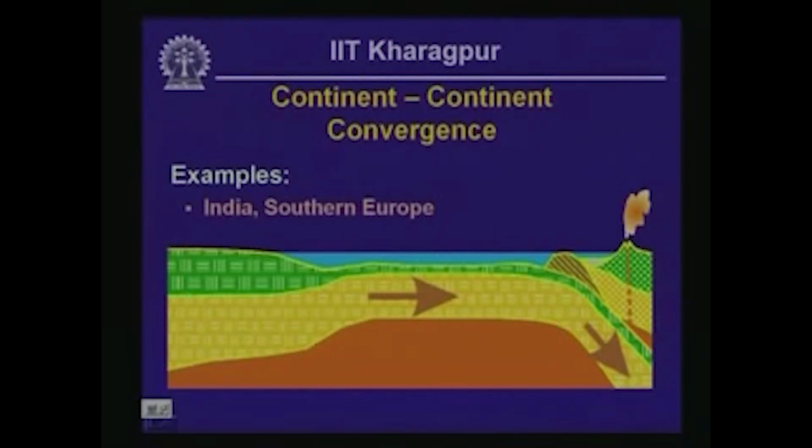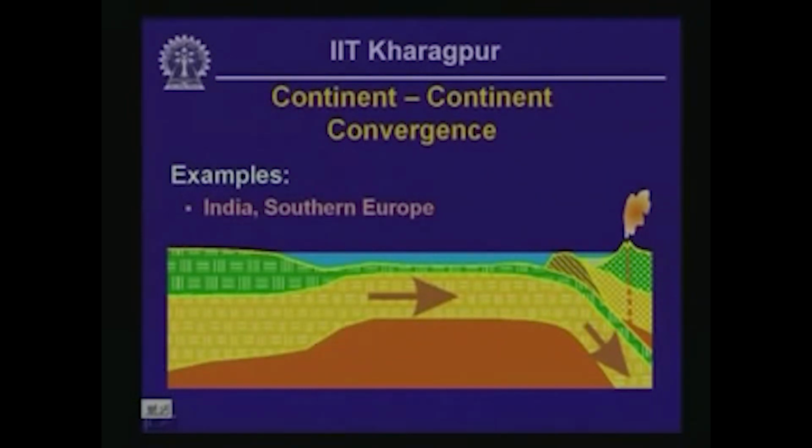What happens there, because of the frictional locking, the continental plate is really dragged down a little bit along with the subduction of the oceanic plate, and as a result a trench generally develops near the location where the oceanic plate goes underneath the continental plate, and that particular feature is called a trench.